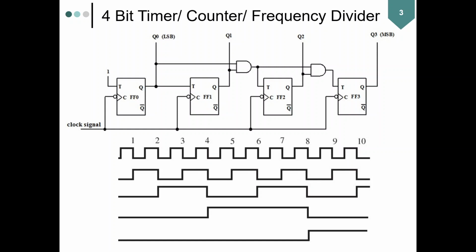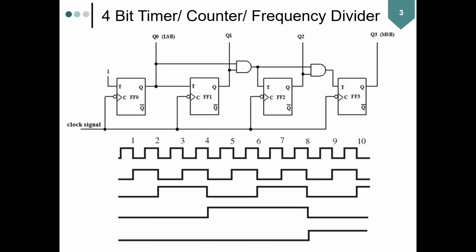So let's discuss the architecture of a 4-bit timer, counter, or frequency divider, which is equivalent terminology for this kind of circuit. A timer actually consists of a T-type flip-flop, sometimes also a JK flip-flop in the toggle mode.